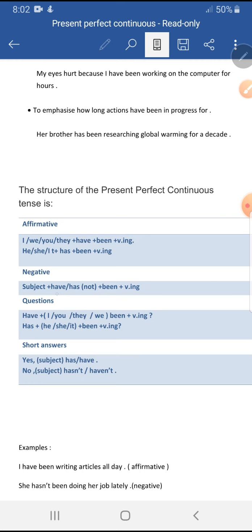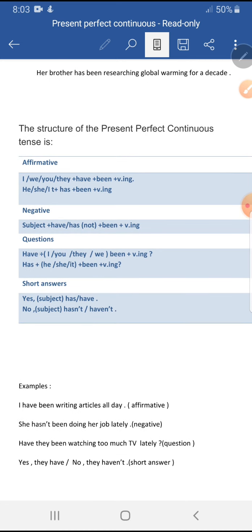In negative, we do the same, but we add not to the auxiliary verbs, becoming haven't or hasn't. Haven't or hasn't plus been plus verb ing. And in questions, we start with the auxiliary verbs have or has. It depends on the subject.